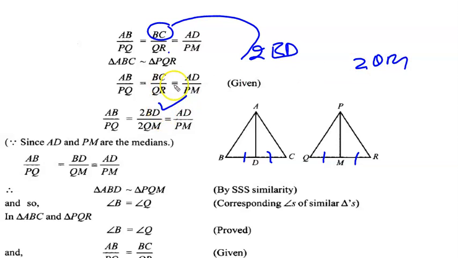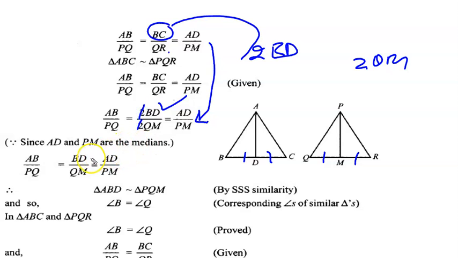And then the third condition we bring as such, which is given. So AB by PQ is equal to double of BD by double of QM, which is equal to AD by PM. The proportionality criterion is met here. So now 2 and 2 can be cancelled.